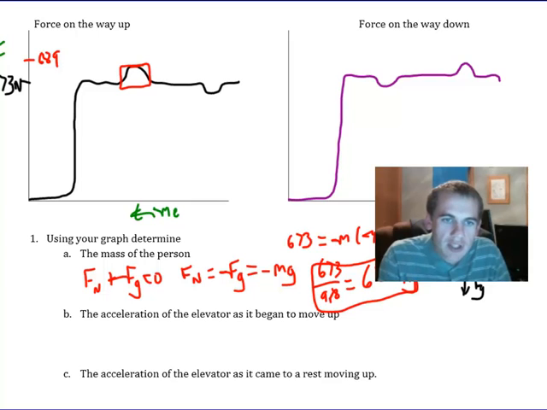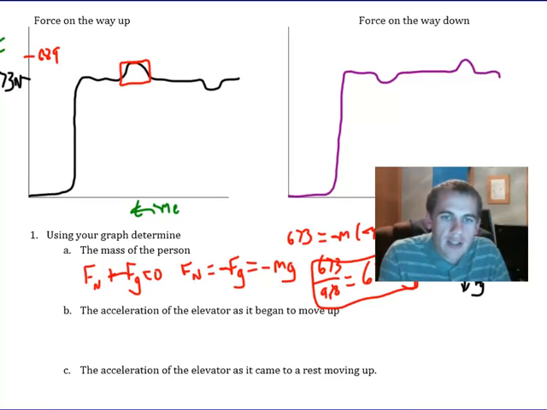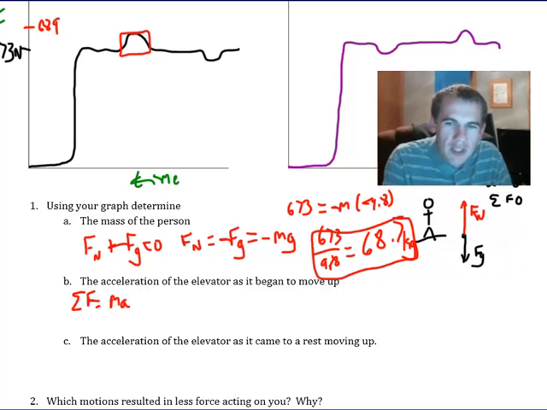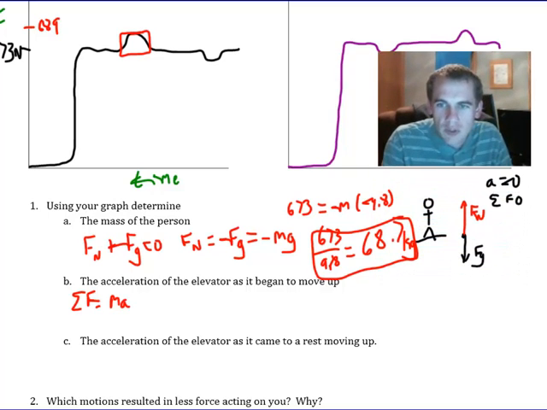So I want to know how fast was the elevator accelerating, or what was the acceleration on the way up? And so I can say, net force equals mass times acceleration. And I know the net force because I know how big the normal force is right here, and I know the force due to gravity, which is actually the 673 newtons from before.